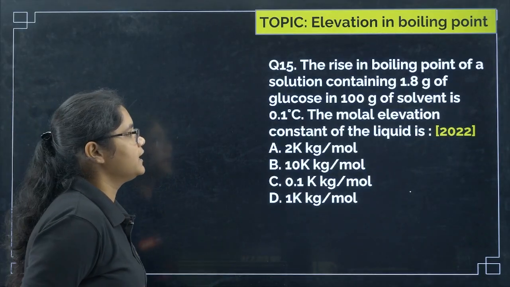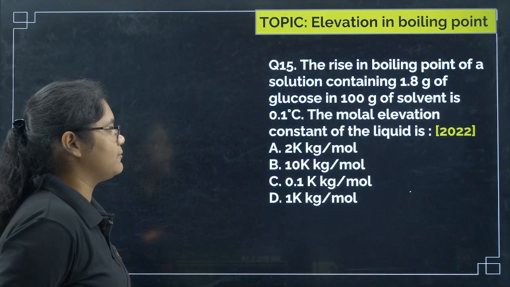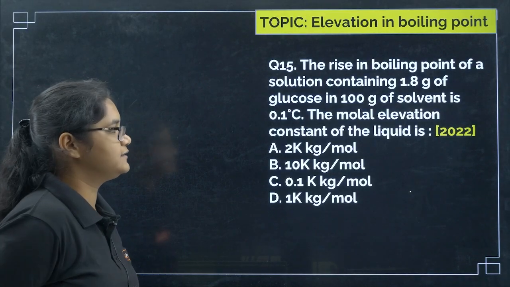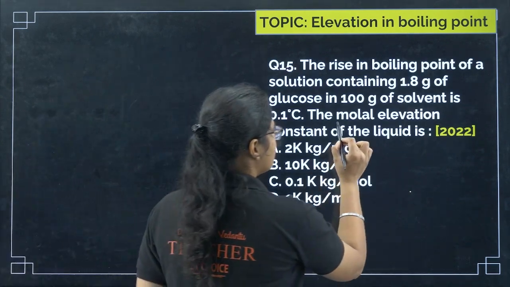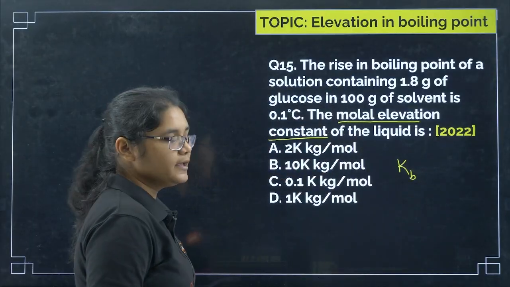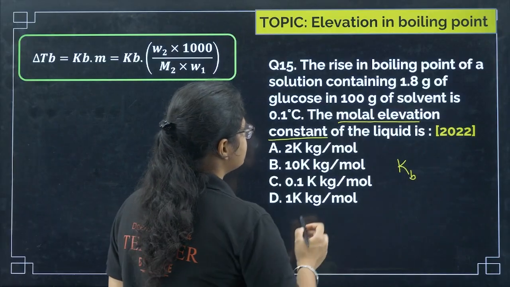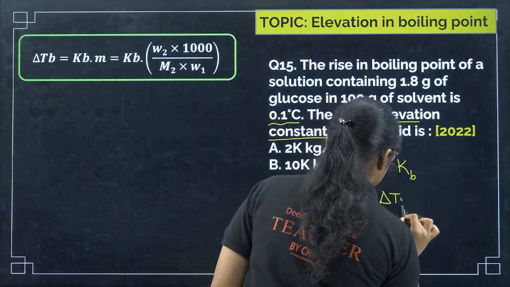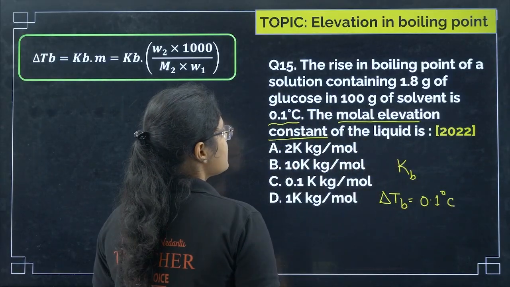Next we'll go to elevation in boiling point, the next colligative property. The rise in boiling point of a solution containing 1.8 gram of glucose in 100 gram of the solvent is 0.1 degree Celsius. The molar elevation constant of the liquid is asked, which means they are asking about Kb. We have this formula for elevation. The rise in boiling point means delta Tb is 0.1 degree Celsius.